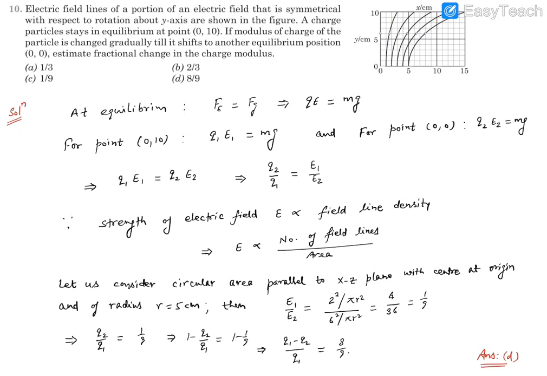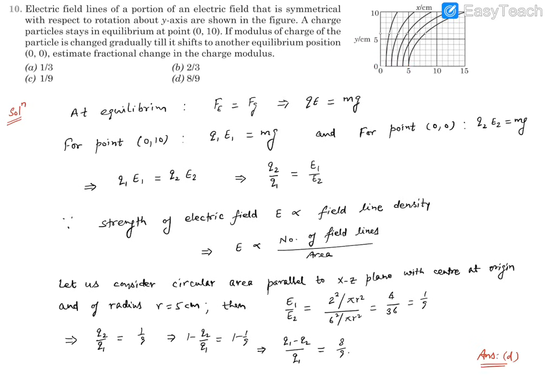Now we need to identify the field line density for the later location. For this circle, we need to count these lines: 1, 2, 3, 4, 5, 6. So these 6 lines are lying along the line. If we try to find the total number of field lines through the area, it is related in a very similar fashion as the radius is related to the area.